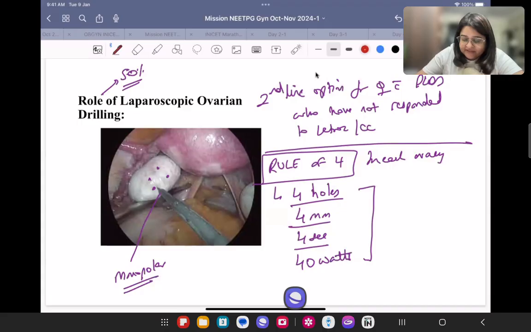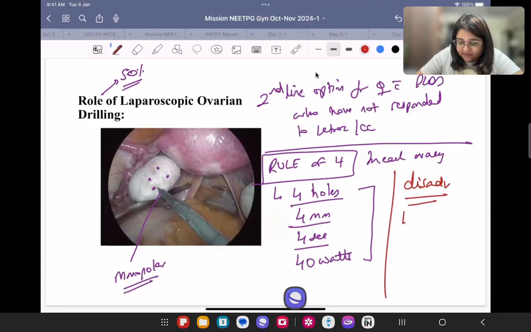It has several disadvantages though. What are the disadvantages? One is that if somebody does an overzealous drilling, if he gets too excited and makes too many holes, it can destroy the ovary because it is electrical energy. It's burning a lot of tissue. It can reduce the AMH, so the ovarian reserve can go down.